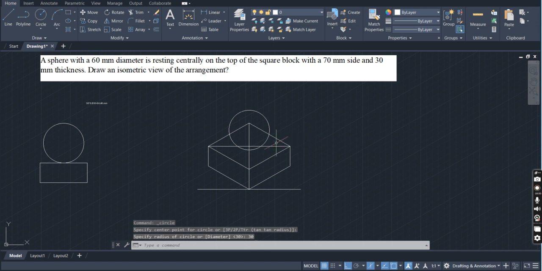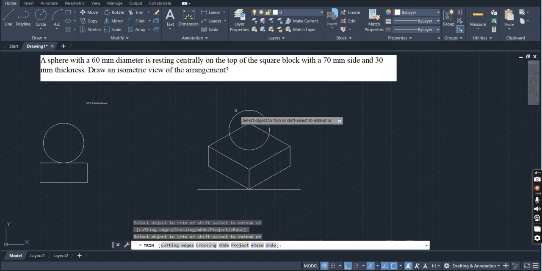Now delete these unwanted lines, and this also you can delete. Go to trim, tr, double enter. This is the hidden portion, so we don't need this one. Delete this, escape.